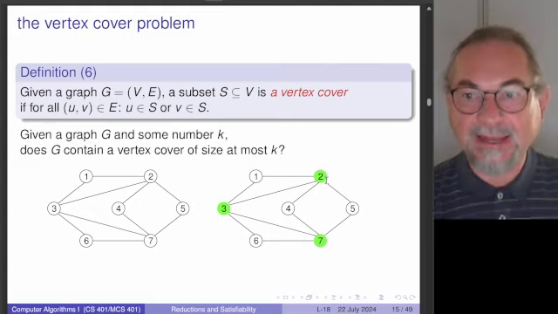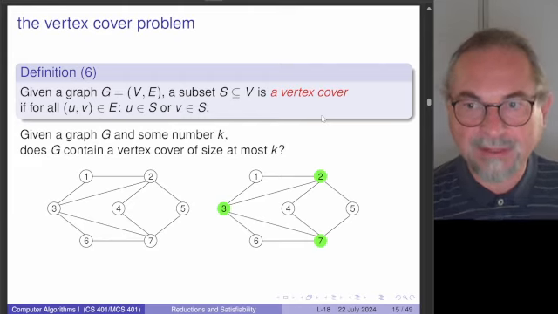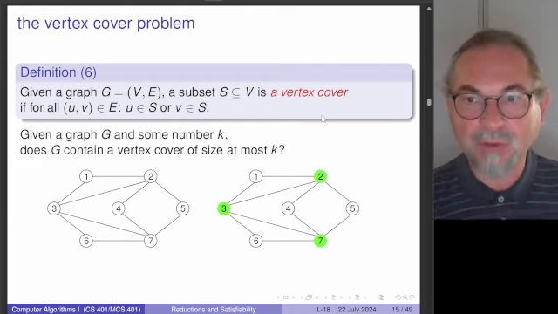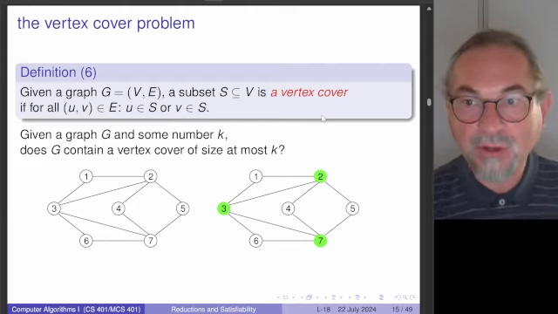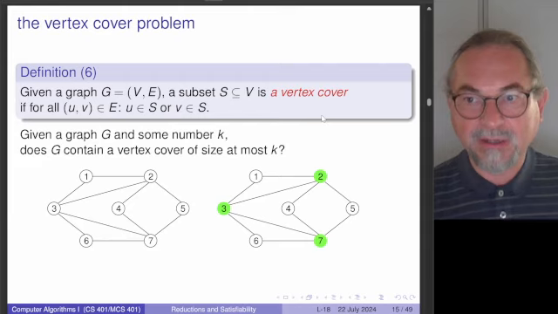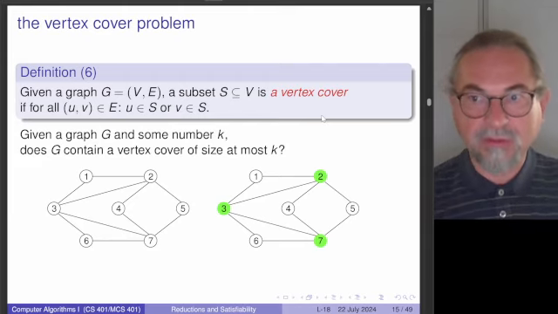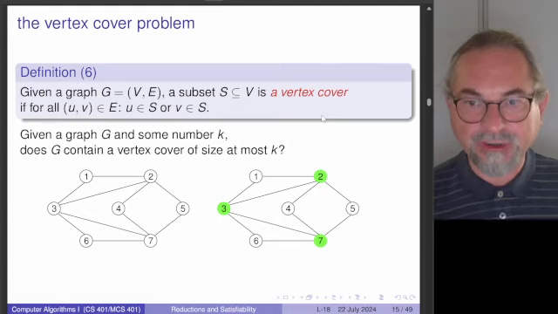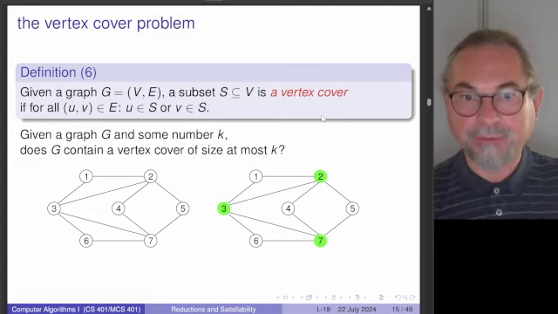Okay, here is our graph again. You can see this as a graph of a social network of 7 people, and you want to know what is the minimum size set of people. Here you see that there are 3 people who, if you take those 3, have relationships with all other people.